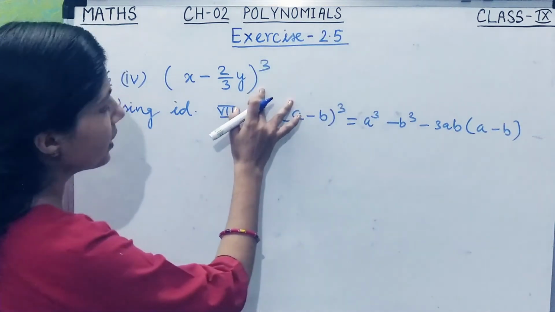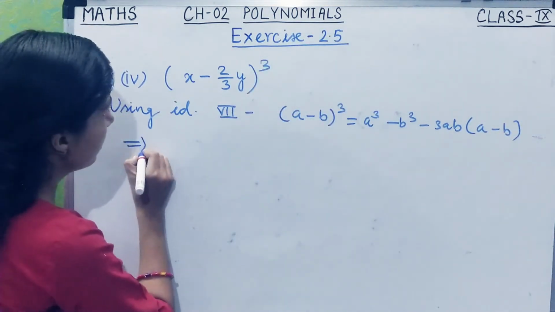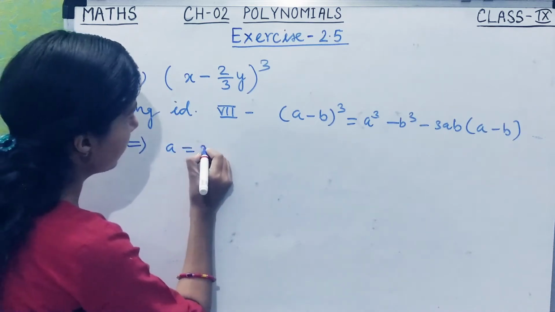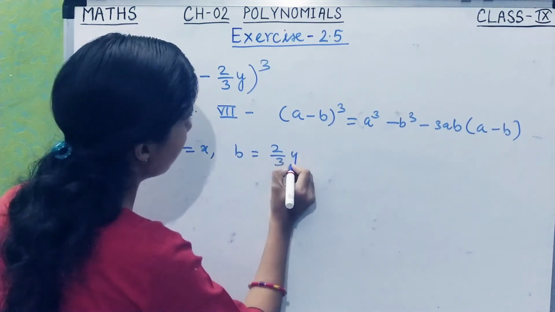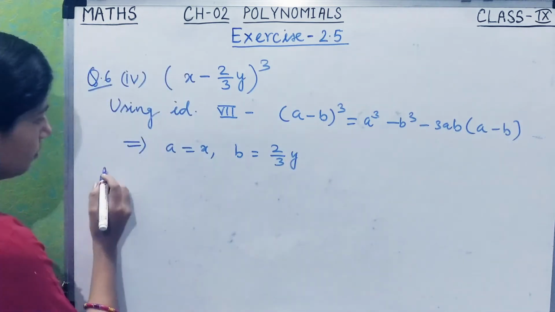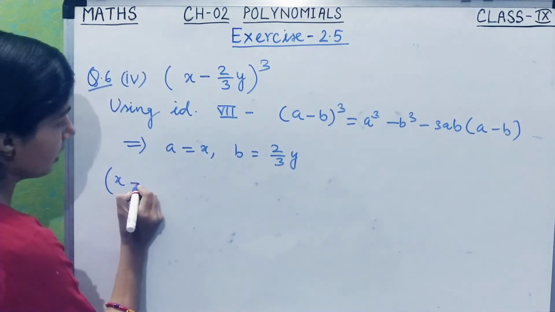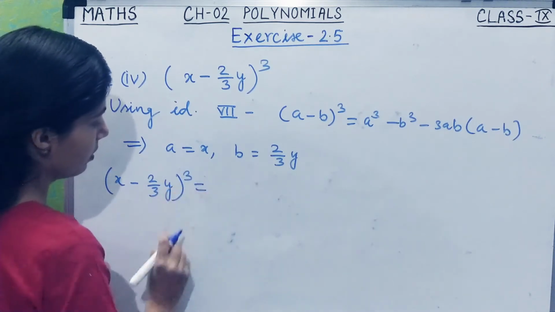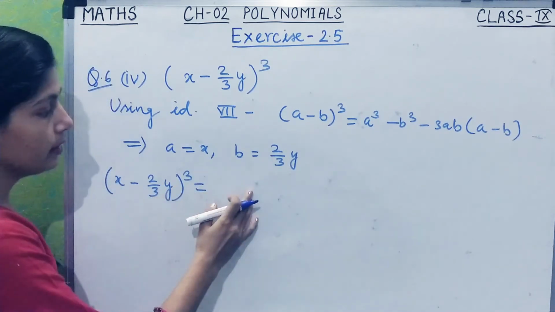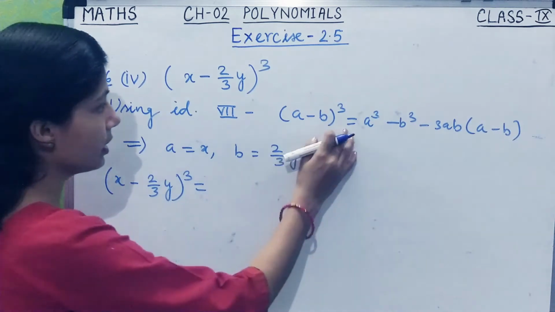On comparing these two, we are getting a as x and b as 2 upon 3y. So we have to write (x minus 2 upon 3y) whole cube in expanded form using this identity.